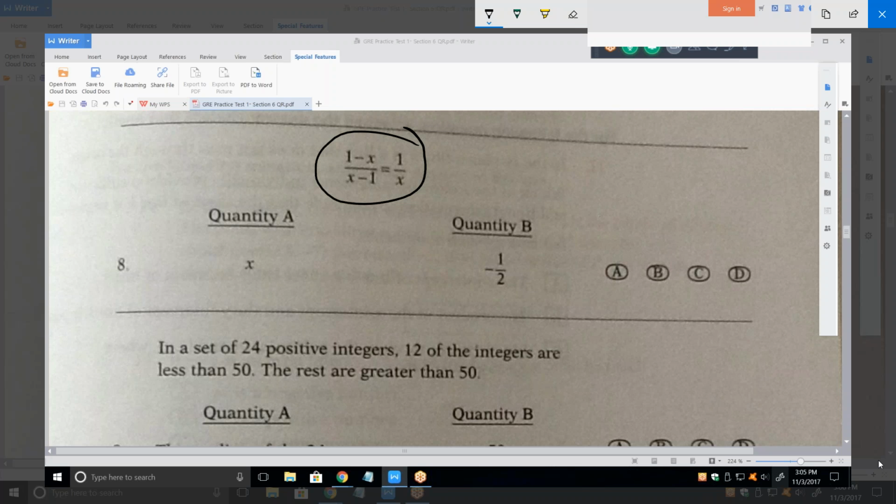This is quite an easy algebraic equation to solve. In other words, plugging in numbers could take a lot longer here. There are some problems that are not easy to solve algebraically, where the best method that I have found is plugging in numbers. But this one's not one of those. This is relatively easy. You've got to be able to solve for x.